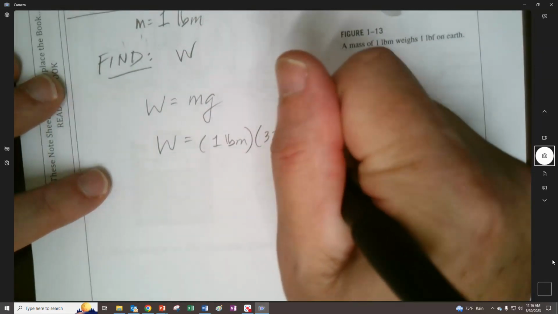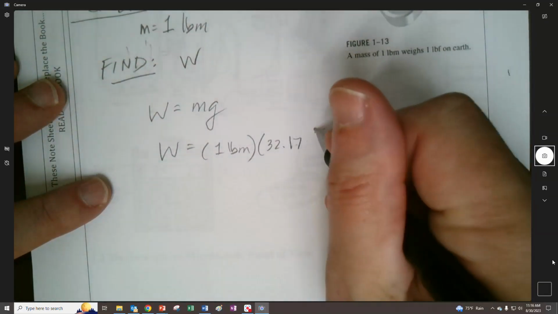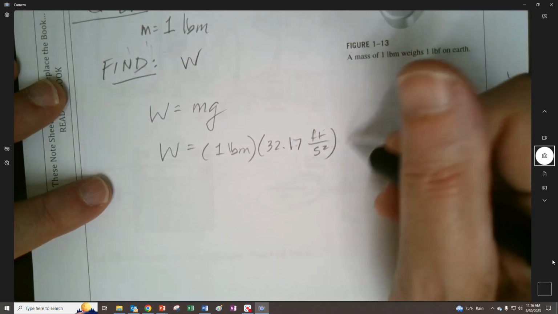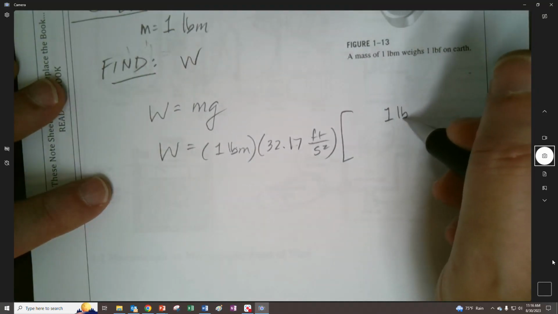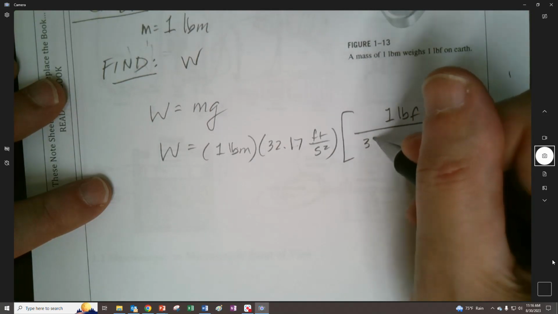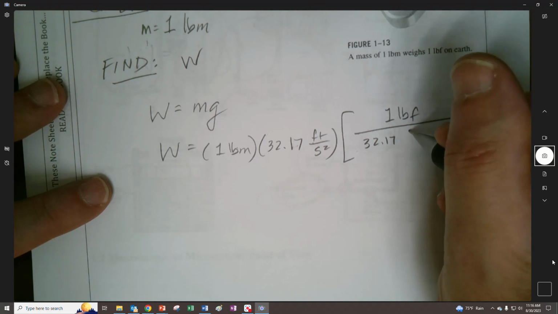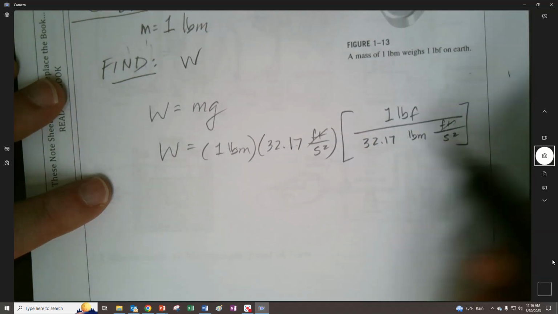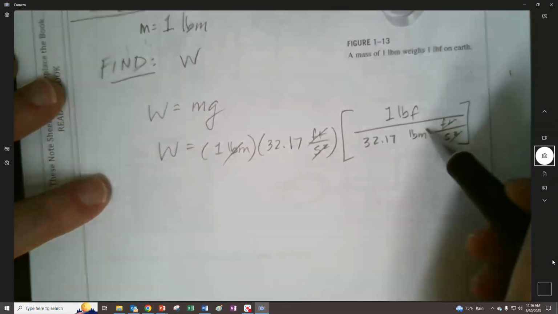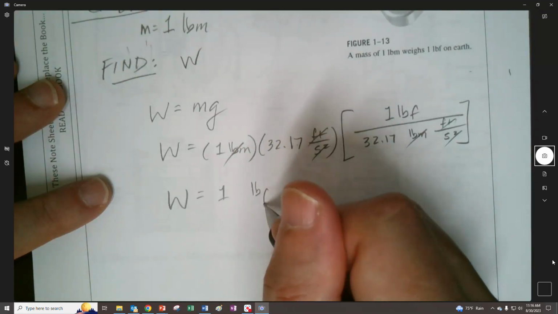I guess we want to be exact, so it's 32.17 and then some more digits after it. But of course, pound mass times this does not equal force. We need this conversion factor, 32.17 and so on, which is pound mass foot per second squared. And that's the conversion, right? So we get the feet gone, the seconds gone, we get the pound mass gone. We're left with weight is equal to 1 pound force.